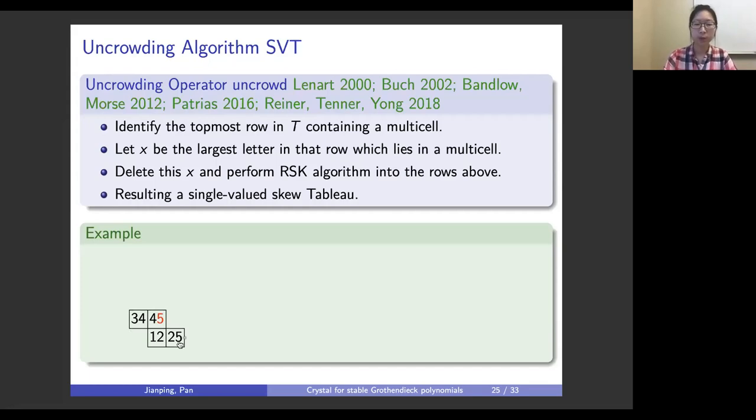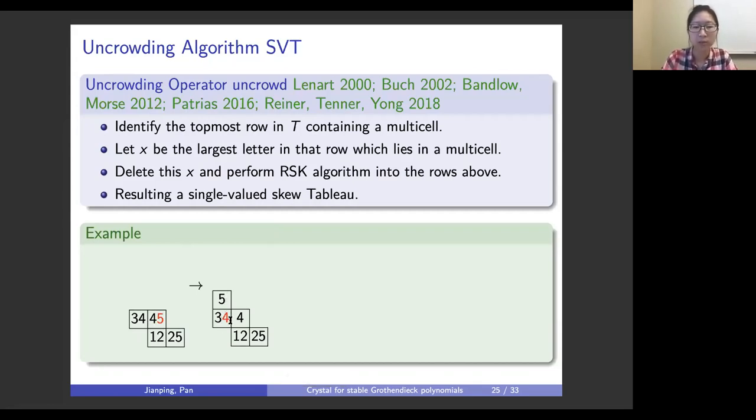For example, you are given this set-valued tableau. First, you identify the topmost row containing a multi-cell. So it's row 2. Then you find the largest letter in that row that lies in the multi-cell. In this case, it's 5. Then you delete it and perform the RSK algorithm. So 5 is inserted into the next row, and we do it repeatedly.